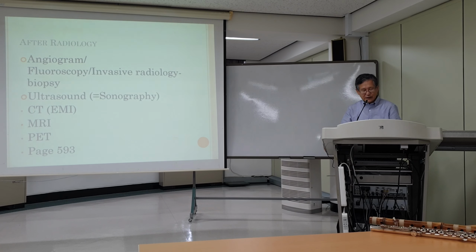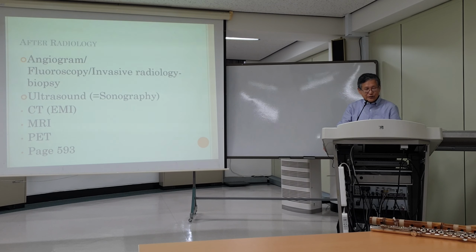And by reading this chest PA, chest PA means you hug the machine so that the light comes from your back, posterior, to the front, anterior. So we call it chest PA.